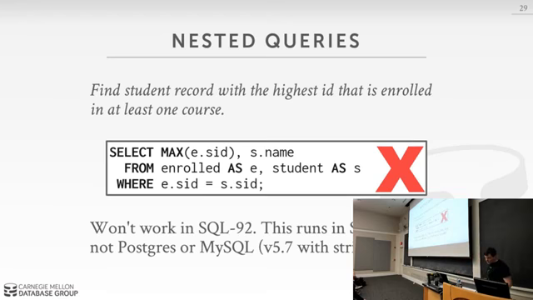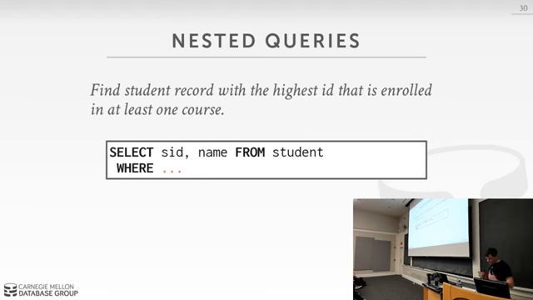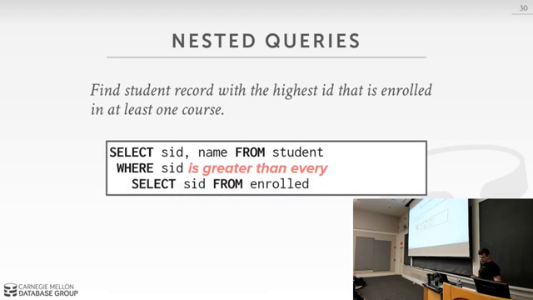So the way we can do this is with a nested query. Let's build it constructively. We know that we want the student ID and the name as the output, but it's the where clause that we have to figure out. This basically says that we want to get a matching tuple that is greater than every other student ID in our table. So we know the inner query should be the student ID from the enroll table.